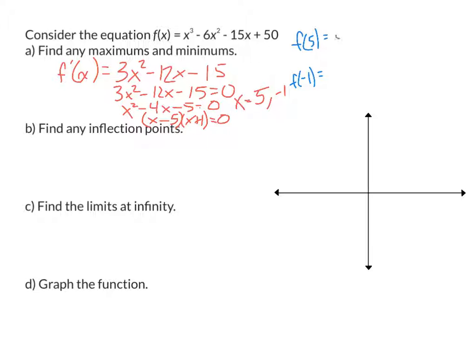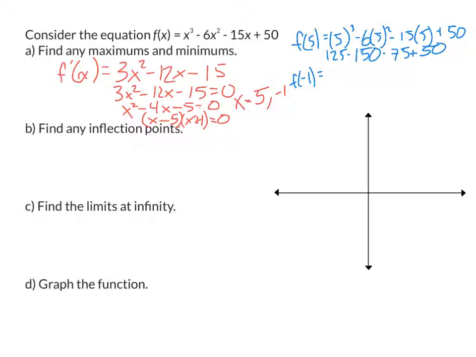F of 5 is 5 cubed minus 6 times 5 squared minus 15 times 5 plus 50. 5 cubed is 125. 5 squared is 25 times 6 is minus 150. 15 times 5 is a minus 75. And then plus 50.